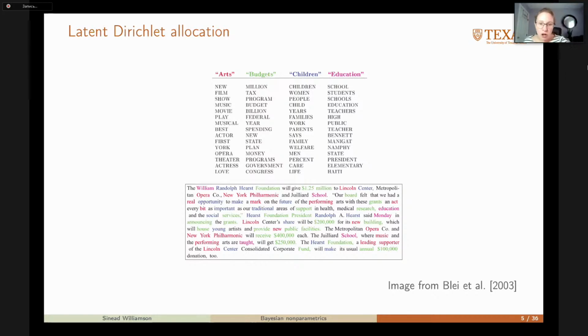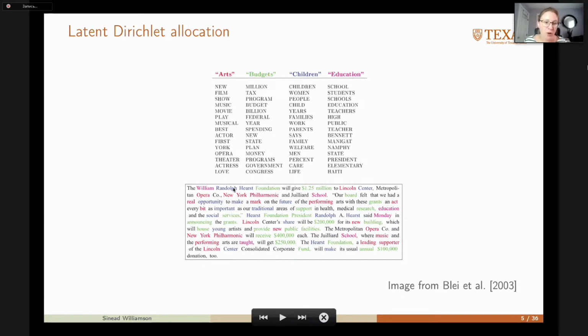And then here we have a document where we've labeled the words with their most probable topic. Right? And so here we see that that document is a mixture of these 4 topics. Some words belong to other topics and haven't been colored.